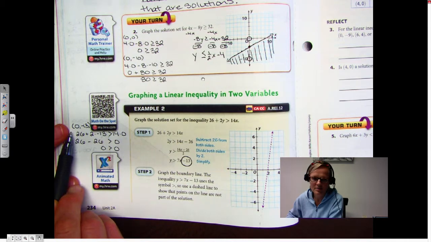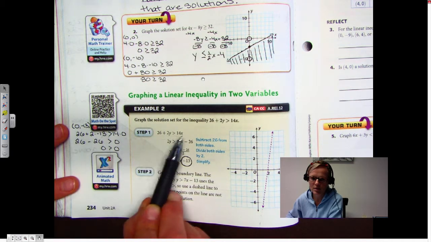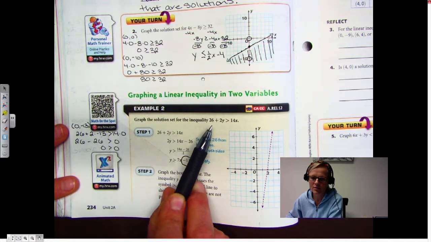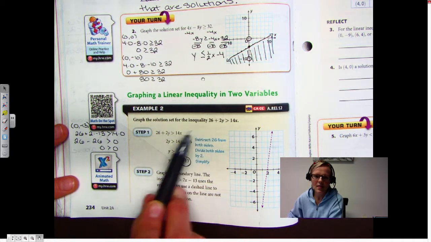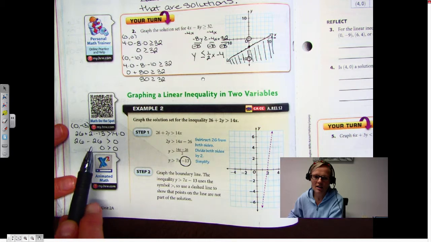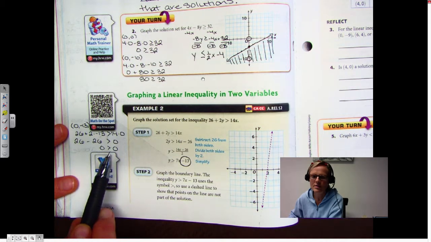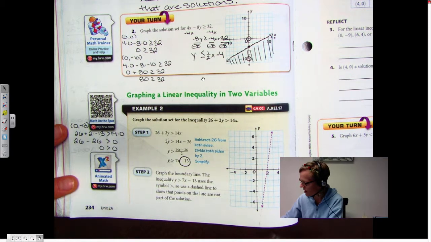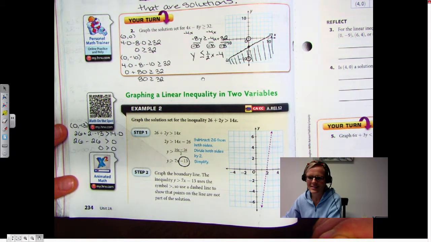So I plugged 0, negative 13 into my original inequality, 26 plus 2y is greater than 14x. I got 0 is greater than 0. 0 is not greater than 0. So that's where the boundary line's dashed form comes in. There's no equal sign down here, so this is just the boundary line separating my half-plane answers.